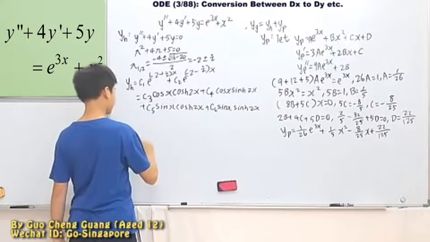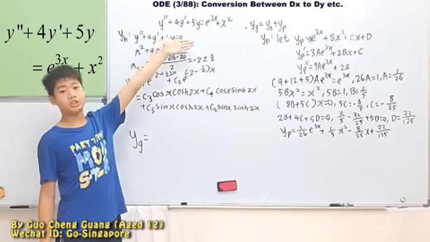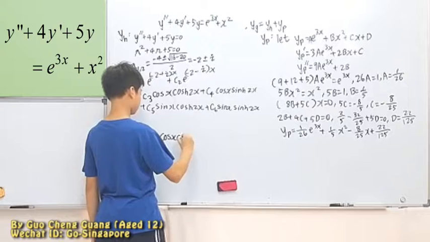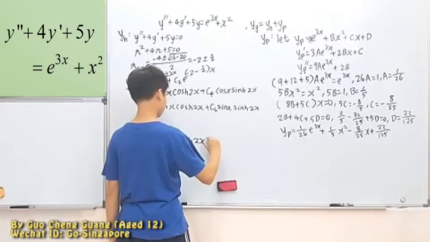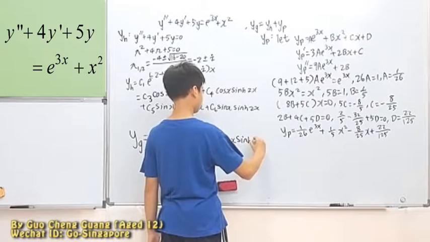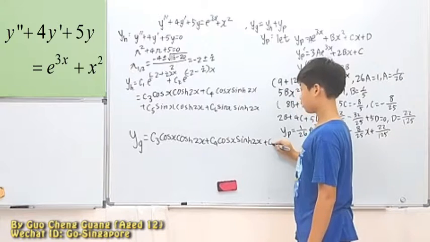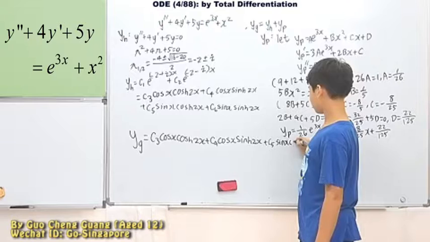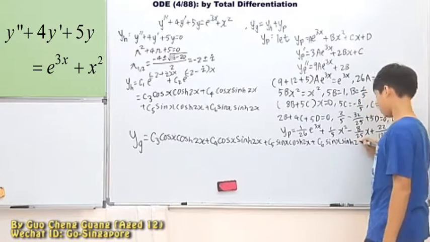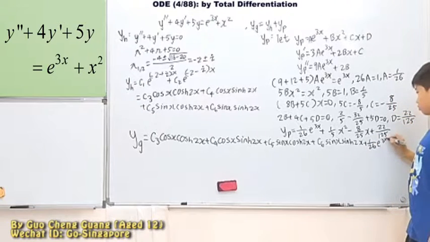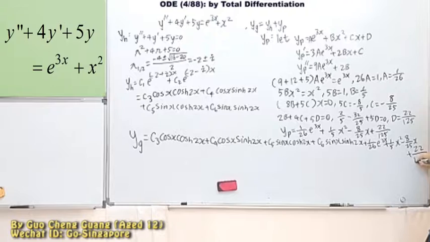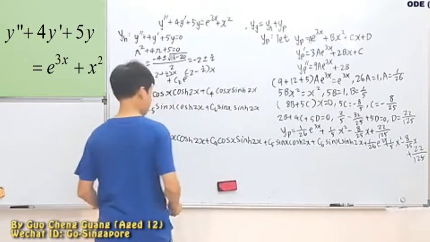Last part, add them all together to get your general solution for your non-homogeneous ordinary differential equation. Okay, so this is what you should get, and this will be your solution.